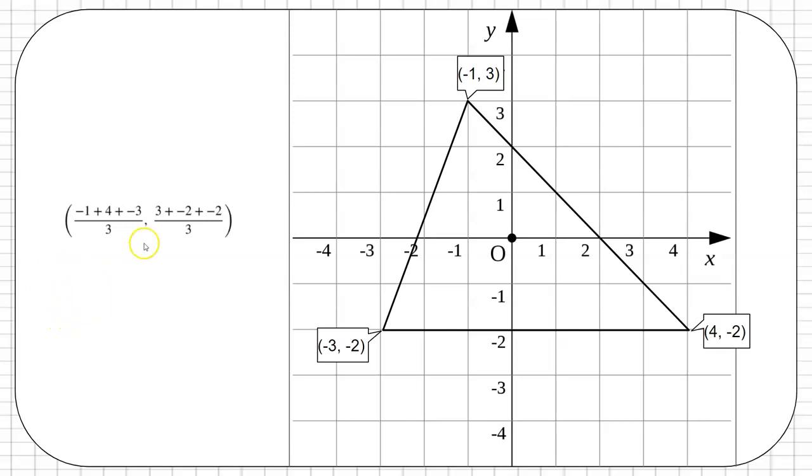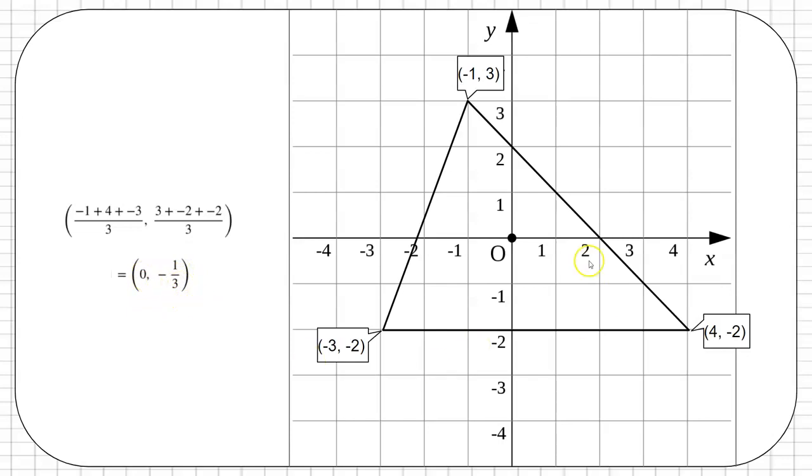And then when we plug in the y values, it is 3 plus -2, which is 1, plus negative 2, which is negative 1, and negative 1 divided by 3 is negative 1 over 3.